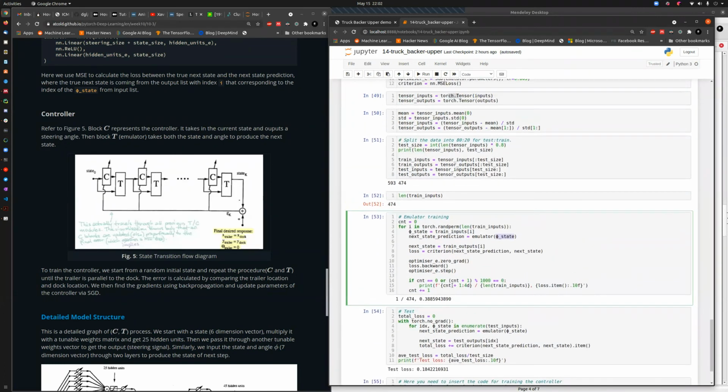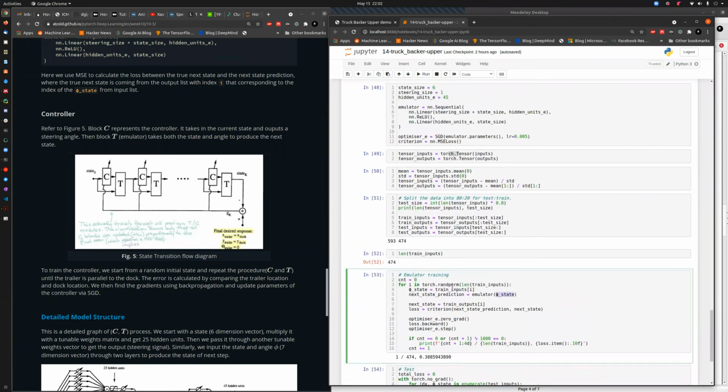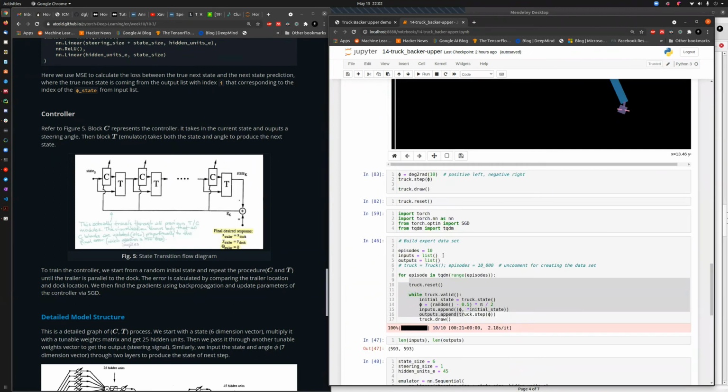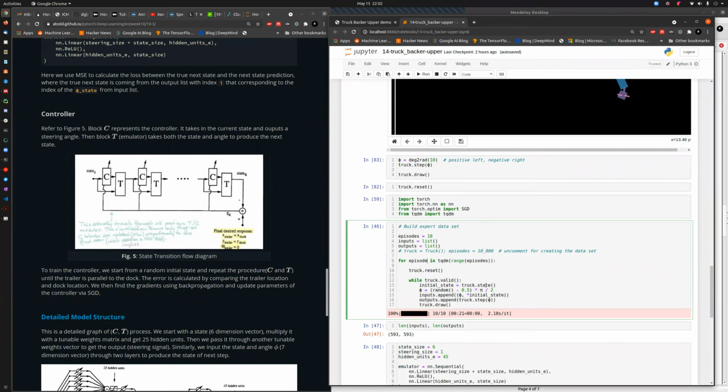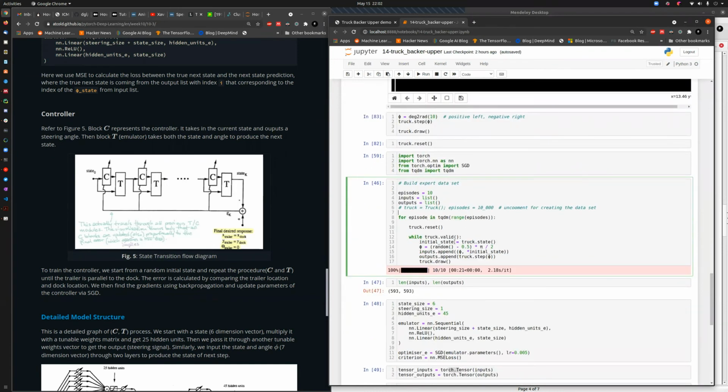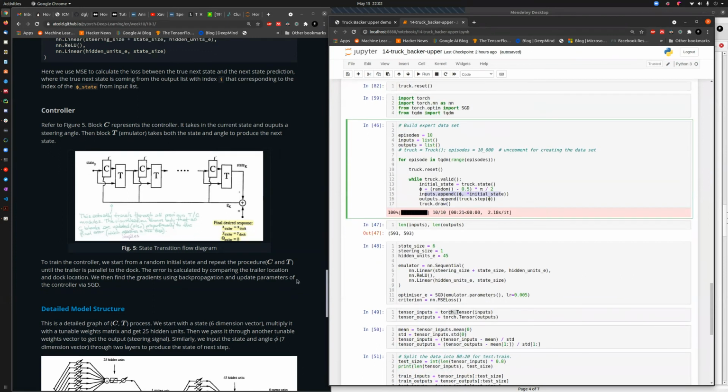What they have done here is train that end-to-end RNN. So if we look at where the inputs are, I think in this notebook he does not include the controller part. The interesting part he left out, I think. It's only the emulator.